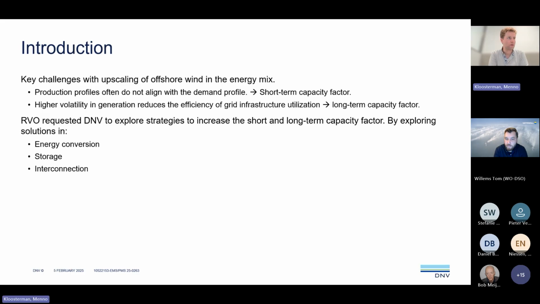Because as we all know, and as we see today, there is a lot of installed capacity and a lot more planned installed capacity of renewables. But we see issues with congestion and mismatch between demand and supply.